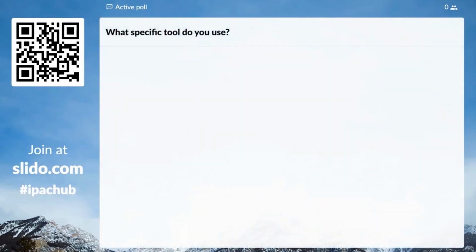Thanks so much for giving us your responses there. We'd like to now, for those of you that do use a tool, can you tell us what specific tool you use in Slido? I'll give you a minute to enter your answers. So if you use the Ministry of Health and Long-Term Care paper tool, can you just let us know that? Or if you're using a software, what software is it? Or did you develop your own facility-specific paper tool?